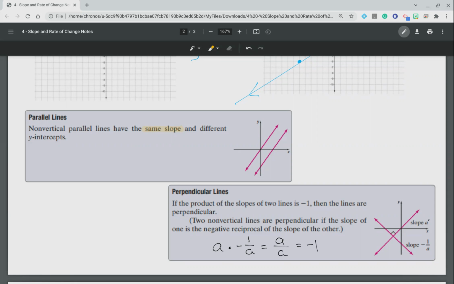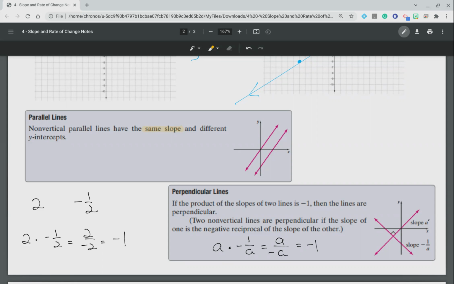Okay, sometimes we like numbers better. So let's say I did a slope of 2 and a slope of -1/2. 2 times -1/2 gives me 2 over -2, which gives me -1.